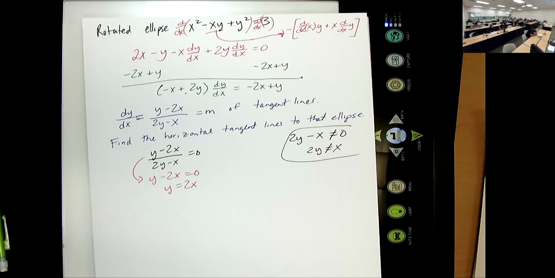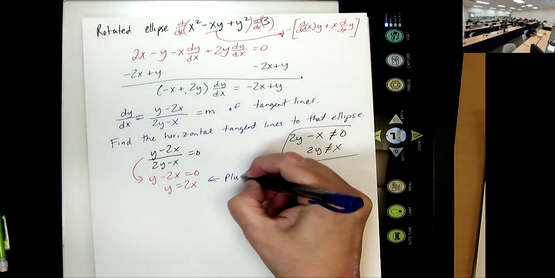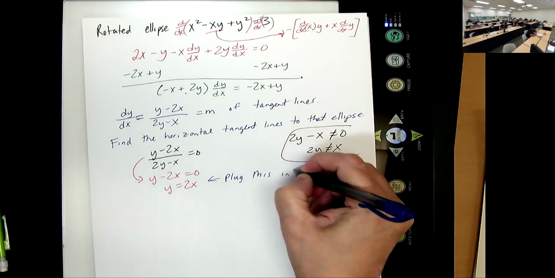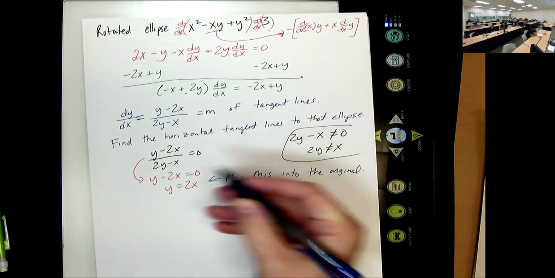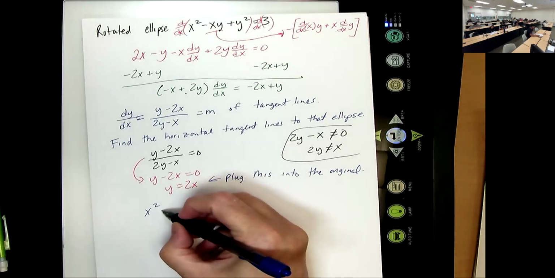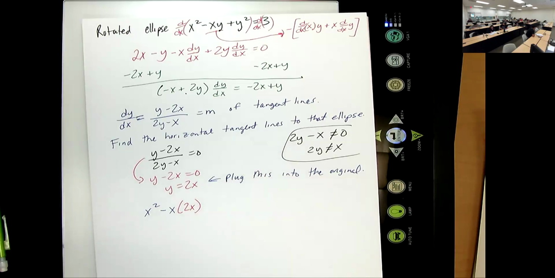The way we're going to figure out where that is, we'll just take that and plug this into the original equation. So I had x squared minus x. I'm going to replace the y with 2x.